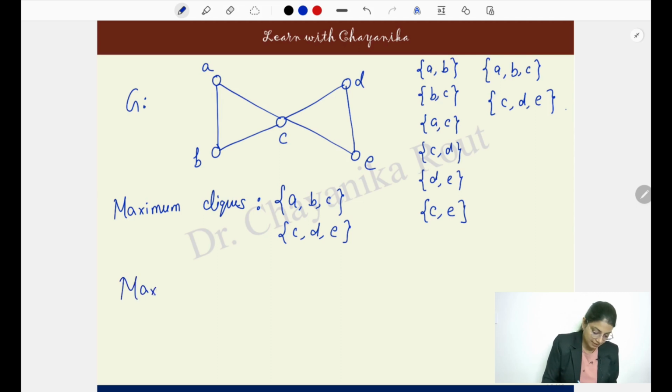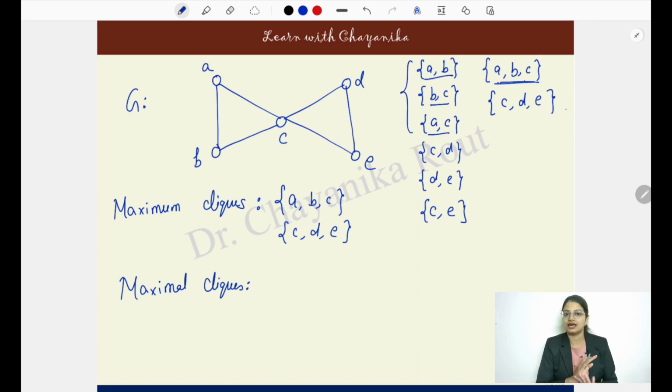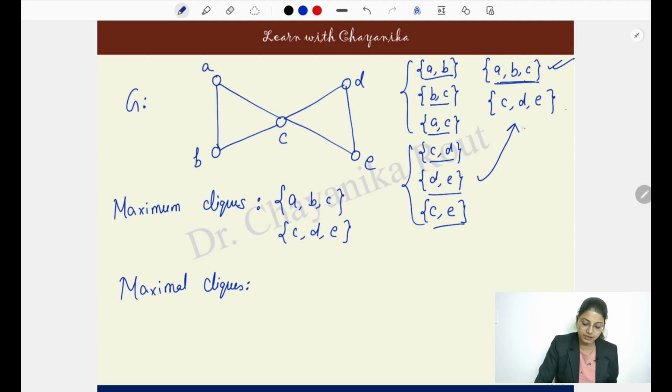And what about maximal cliques? Let's see. AB extended to form ABC, BC extended further to form ABC, AC extended to form ABC. So none of these three is maximal. They are all contained in this larger clique. CD, DE, CE, again these three, each one of them is a subset of this larger clique.